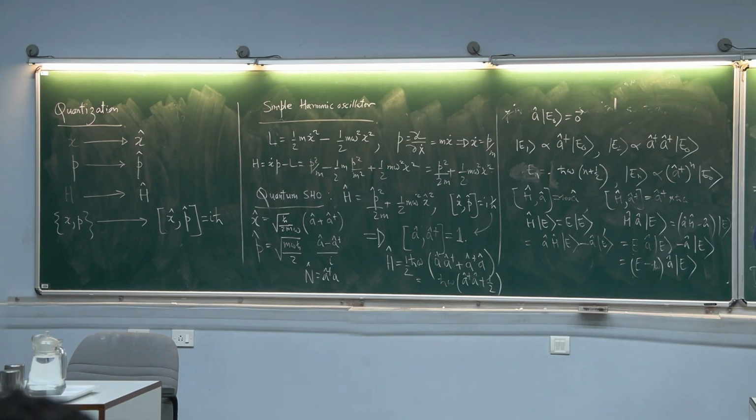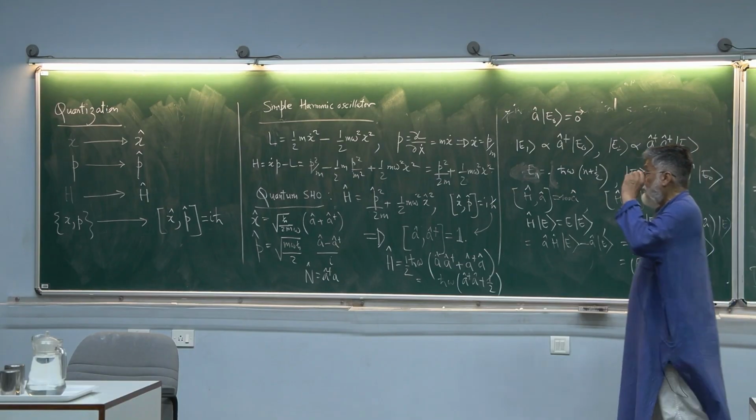There is a theorem called Liouville's theorem which says that if you have a distribution in position and momentum, then d by dt of that distribution is del by del t of the distribution plus the Poisson bracket with the Hamiltonian, which tells you how the phase space volume evolves with time. I hope I have satisfied the person who has raised this question.